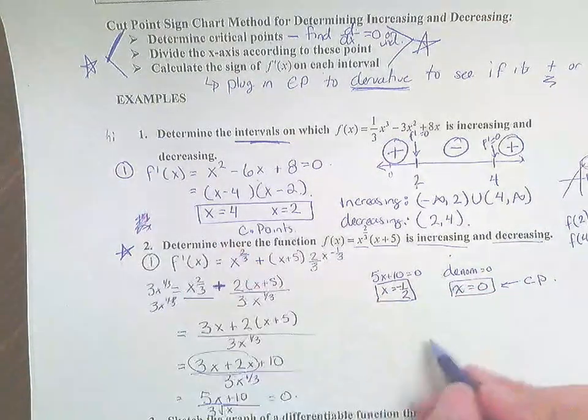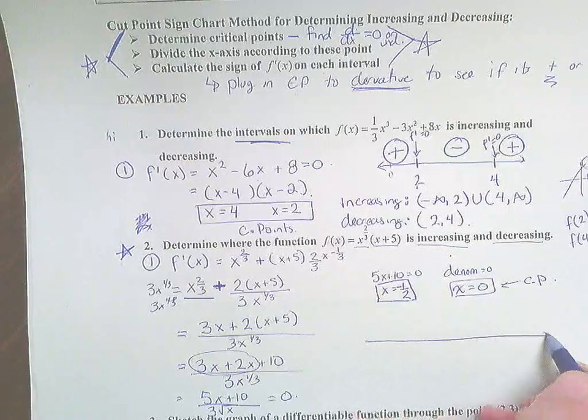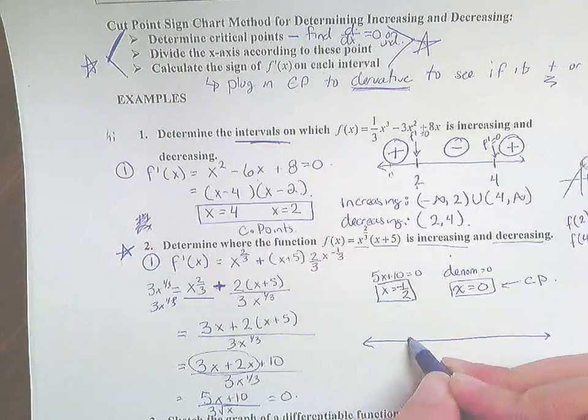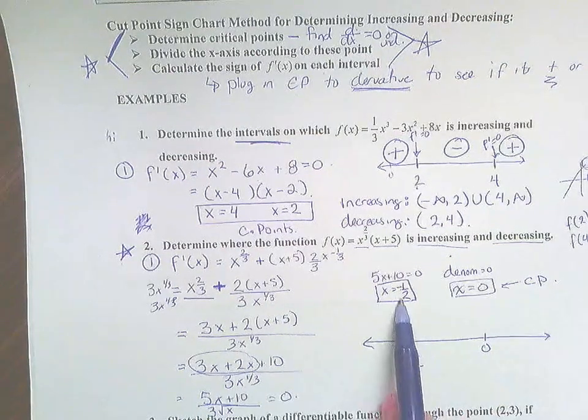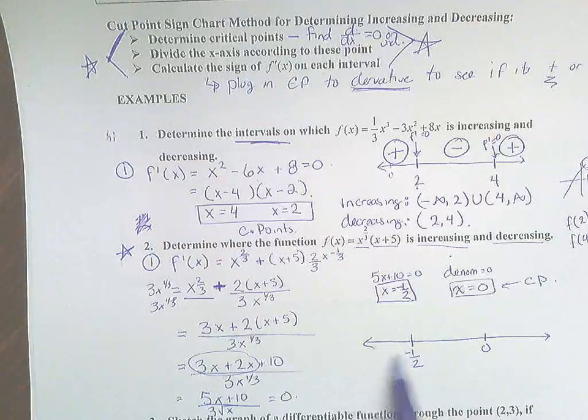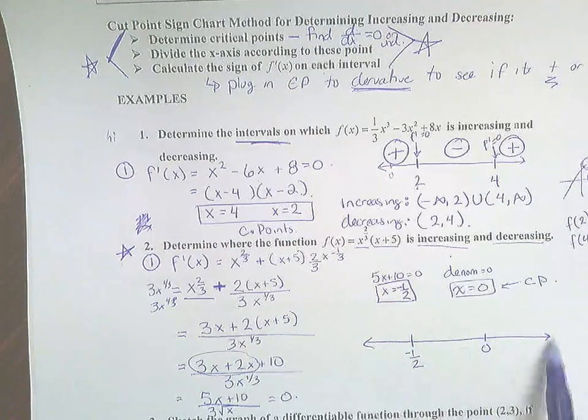So step 2, I'm going to put these on my axes, and negative 1/2 is going to go first because it has to go in order. 0 is going to go second. And now I'm going to plug these points, or points in between these critical points, back into the derivative.